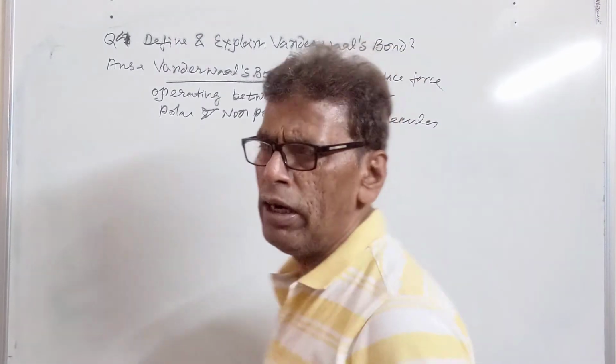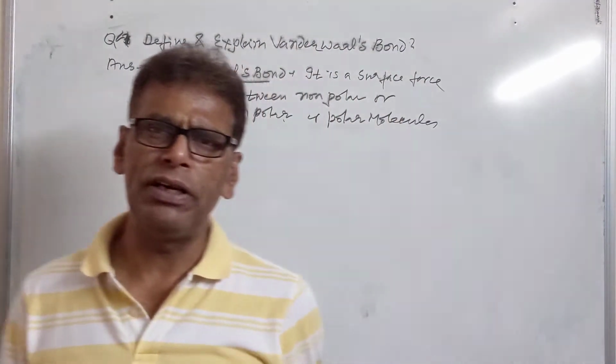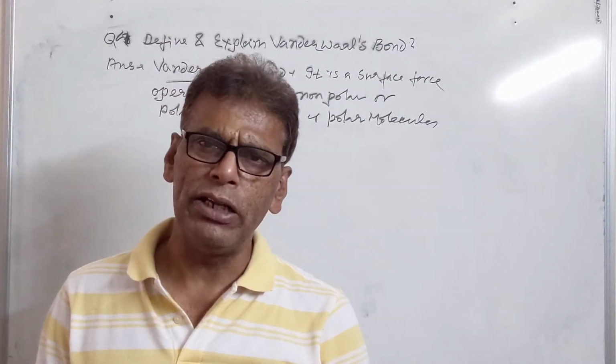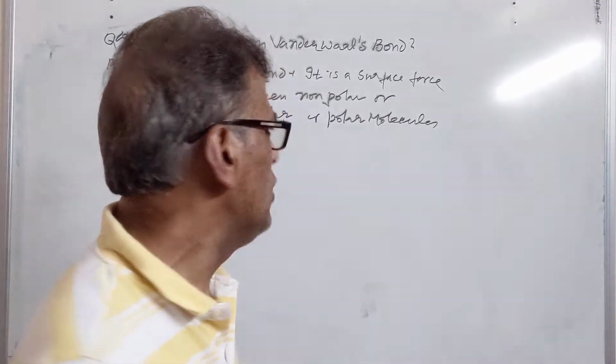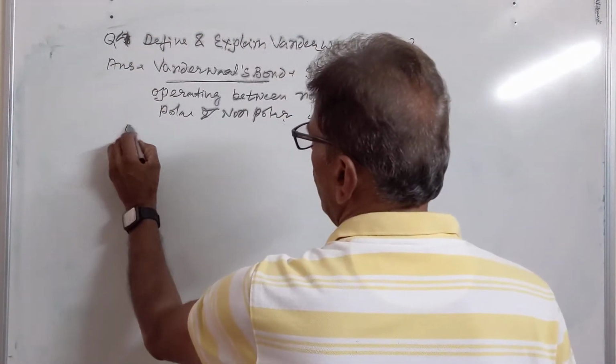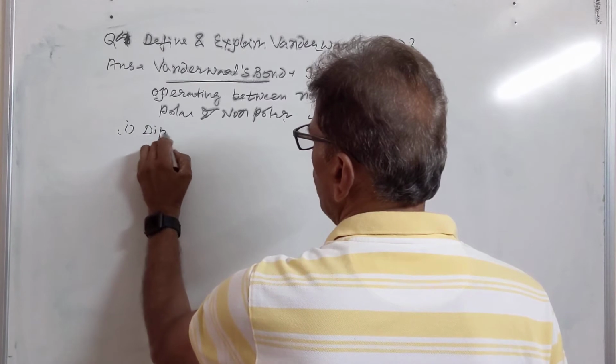It depends upon the surface area. The higher the surface area of the molecule, the higher the magnitude of the van der Waals force. These forces are of three types. Number one is dipole force.